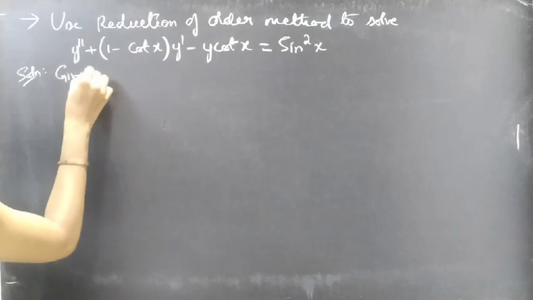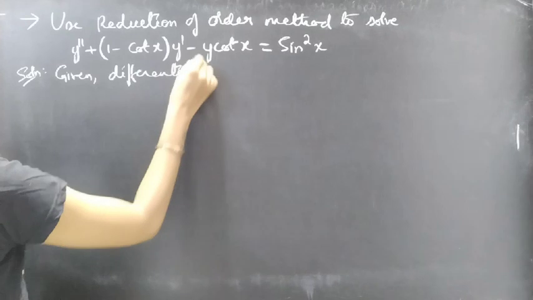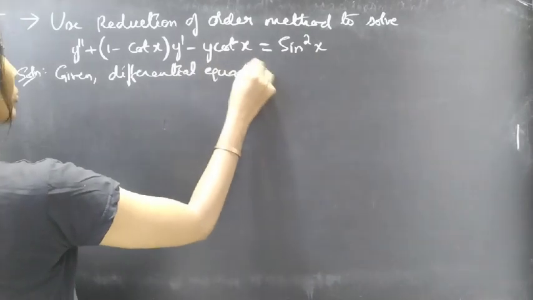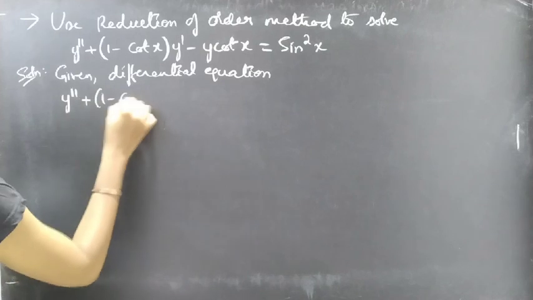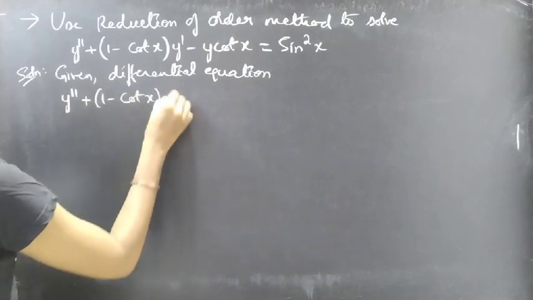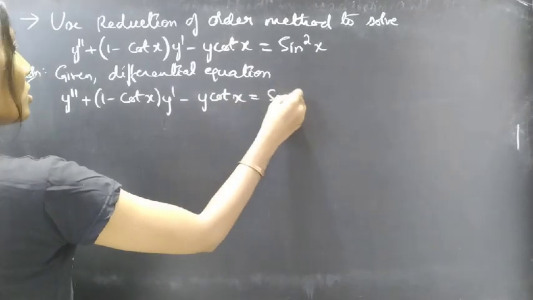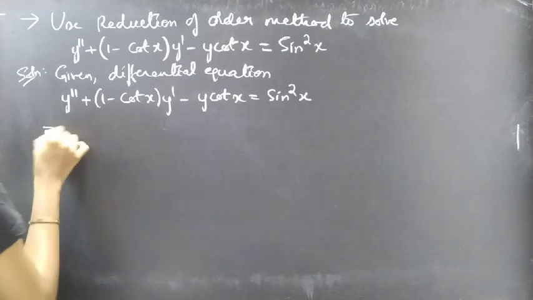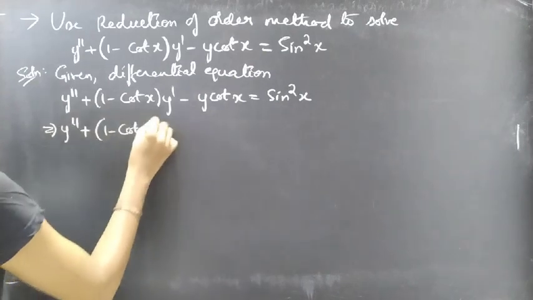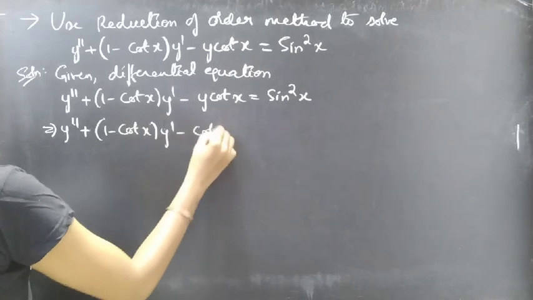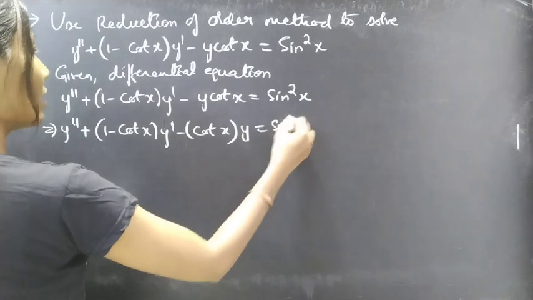Given differential equation, y'' + (1 - cot x) y' - y cot x = sin²x, or we can write it as y'' + (1 - cot x) y' - cot x y = sin²x.